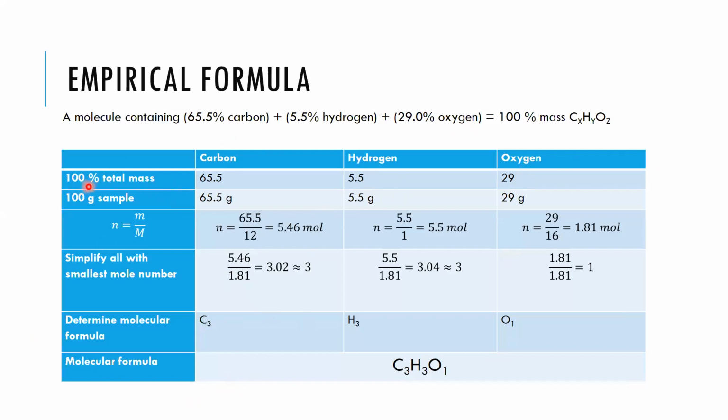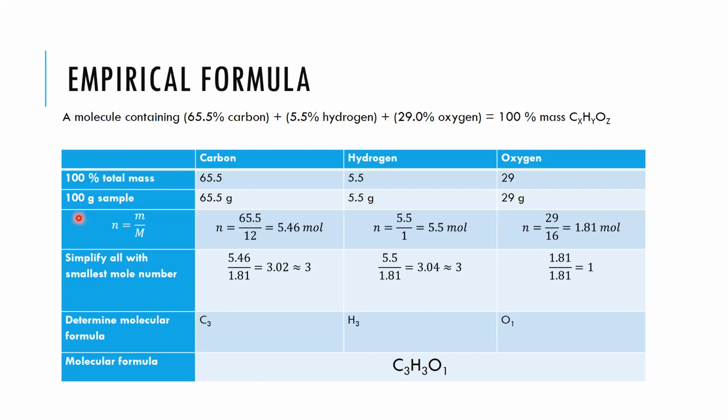Instead of saying 100%, we say 100 grams. Imagine you have a bag of this molecule, and we don't know how many grams. I just take 100 grams from this bag, okay? Just measure it, a 100 gram sample.